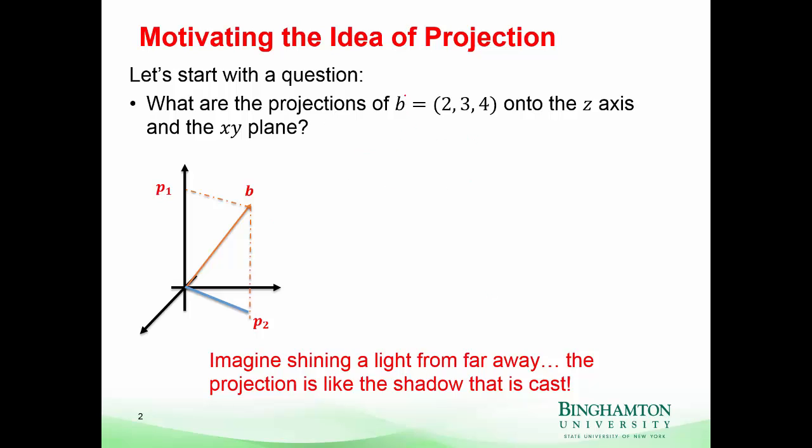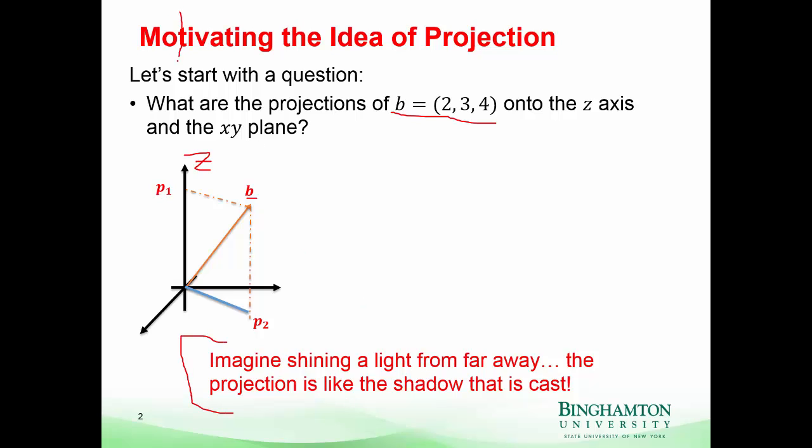So suppose we've got some vector b, and here's that vector b, and we've got a z-axis. Even though I don't have it labeled, it's clear as we go x, y, z. And we're going to imagine shining a light from far away.